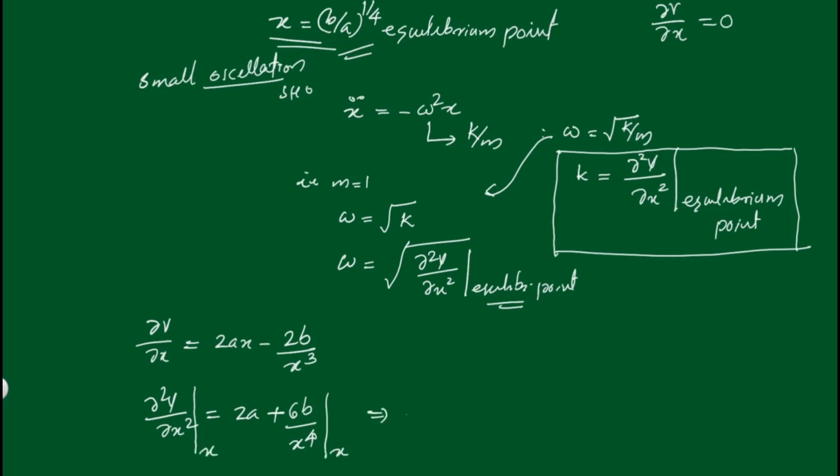Here x equal to (b by a) raised to 1 by 4, raised to 4, that is b by a, so we can cancel the b and b. So we get 2a plus 6a, that is equal to 8a. So we got the dou square V by dou x square value.